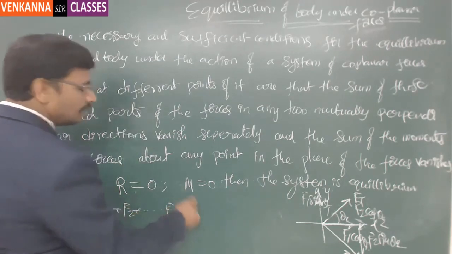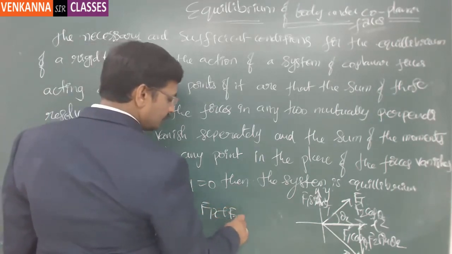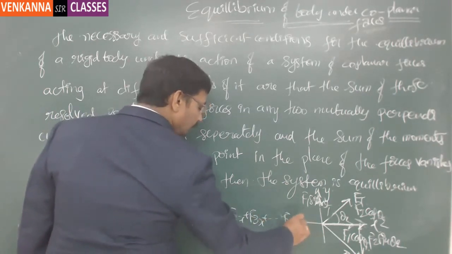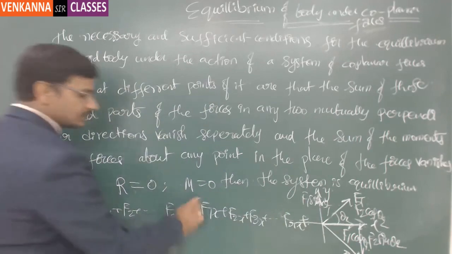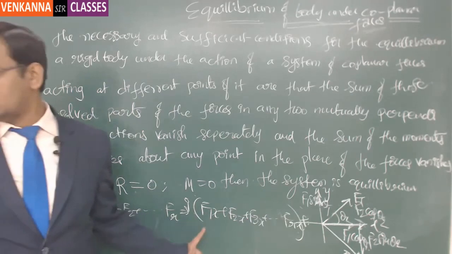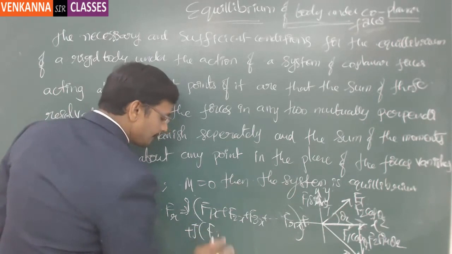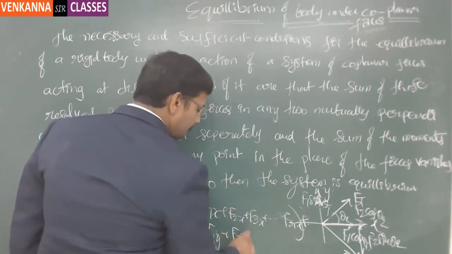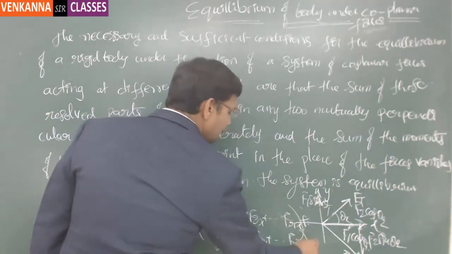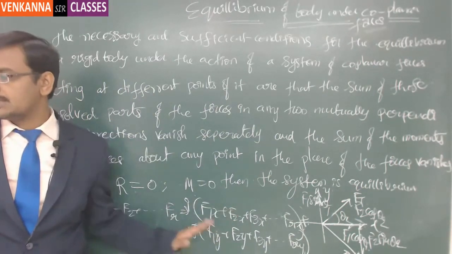This can be stated as F1x plus F2x plus F3x plus dash dash dash Frx, and this is along the x-axis, so I multiply with i in the vector format, plus j times F1y plus F2y plus F3y plus dash dash dash Fry. So this is the resolved components along x direction and along y direction treated separately.